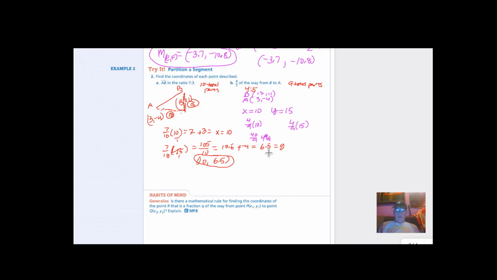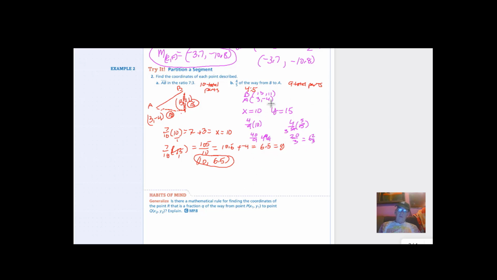And it didn't say to do a decimal. So we have 4 and 4/9 there. And 4 times, well, we can simplify this a little bit. 3 comes out of the 9, 3 comes out of the 15 gives us 5. This gives us 20 over 3. So I simplified a little bit earlier. That's going to be 6 2/3.